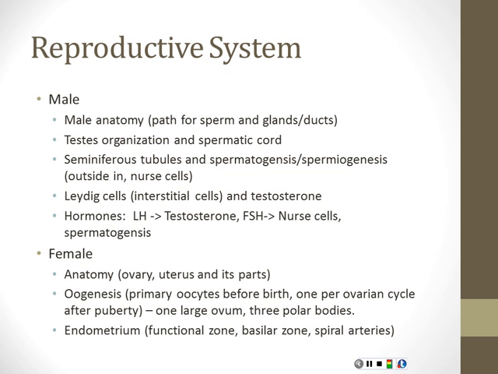So instead of getting more and more gametes, we get less and less because of these polar bodies. And then the other piece was this happens before birth. So all the primary oocytes are formed before the infant girl is born. And then one of those primary oocytes, at least usually one, completes this process with each turn of the ovarian cycle. Okay? And in the end, we end up with one huge cell and three little nuclei, basically.